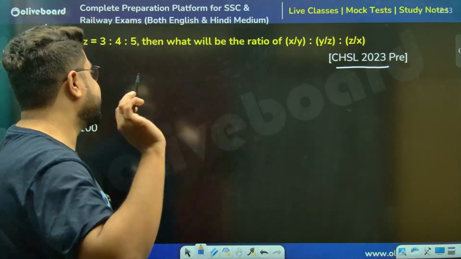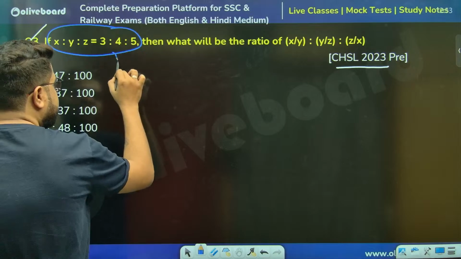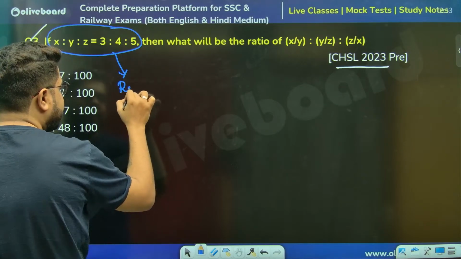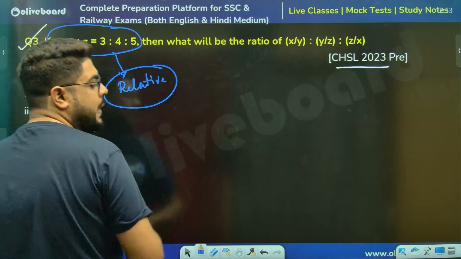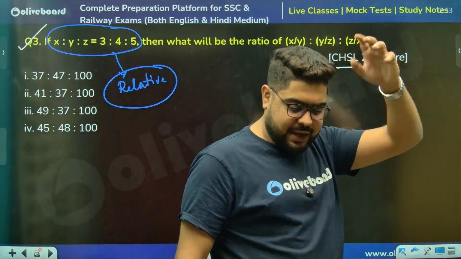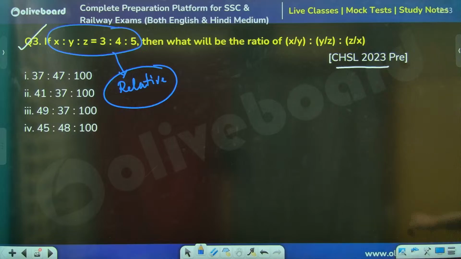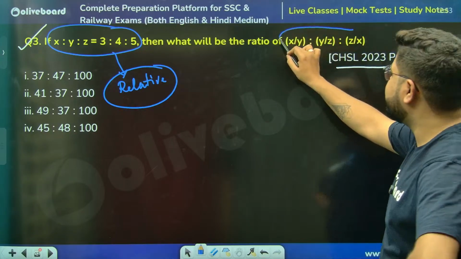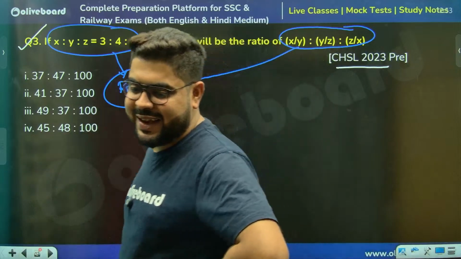Sir, a ratio is given to you. Ratio, we have started from there, that is a relative term. Sir, what are they asking? Sagar, Sujata, no need to answer. What they're asking, sir? They are asking something that is also a ratio, that is also something relative.